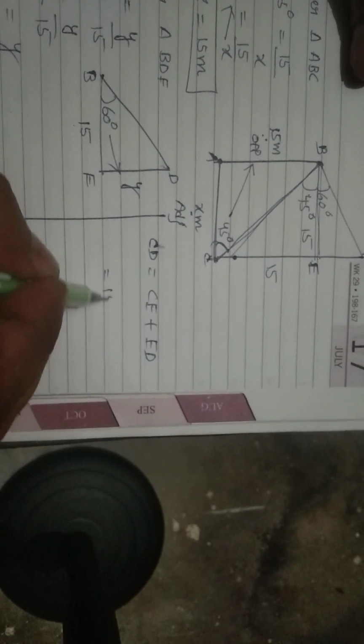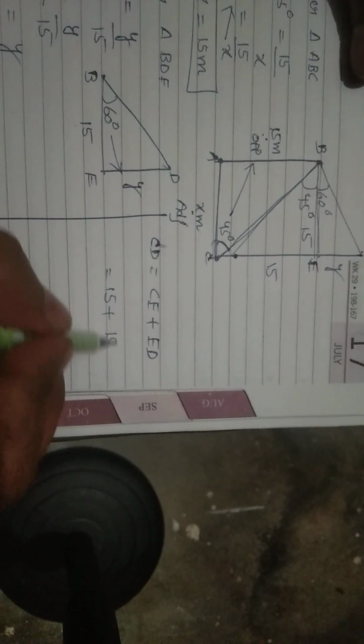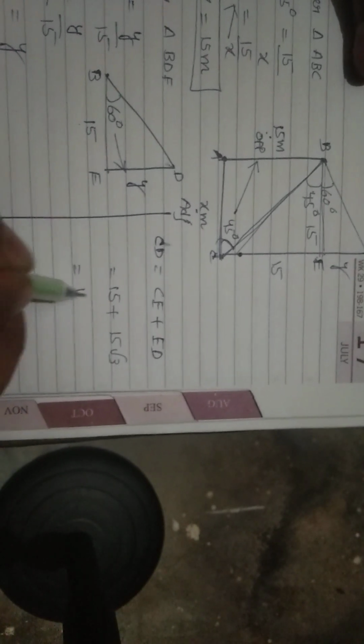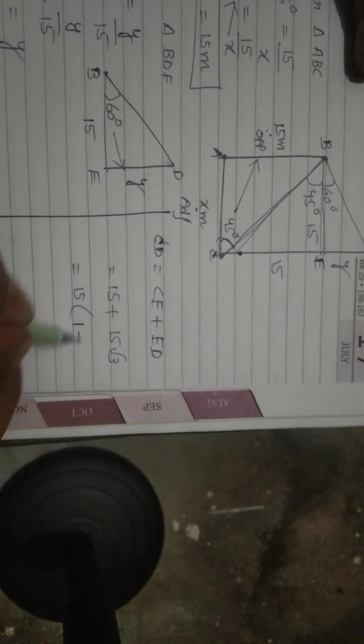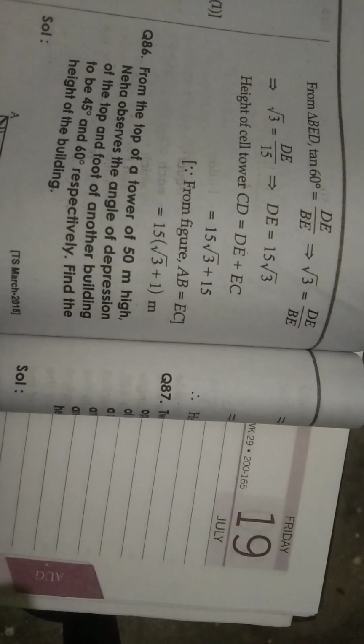We got CE as 15. Just now we found ED, we call it y, that is nothing but 15 root 3. Now let us take 15 as common. Here nothing means 1. 15 into 1 plus root 3 meters. So what is the height of the cell tower? 15 into 1 plus root 3 meters, right?